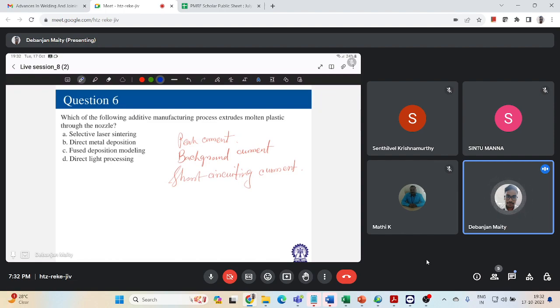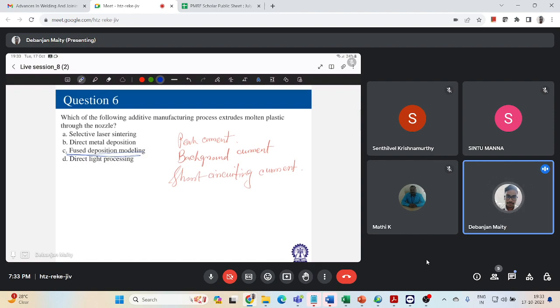We have not talked about fused deposition modeling. There you will use a nozzle. This is also known as fused filament fabrication. It is a kind of additive manufacturing process that comes in the realm of material extrusion.